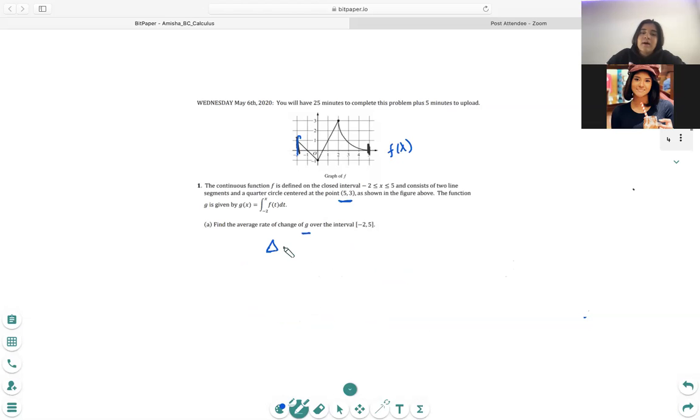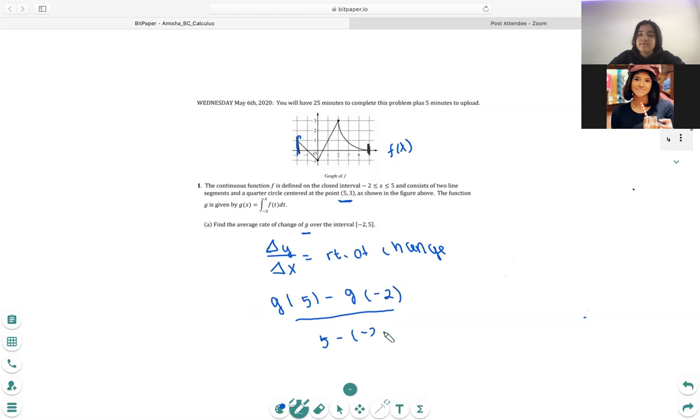So we can say delta y over delta x is equal to rate of change. So in our case here, we have to think about g of 5 minus g of -2 divided by 5 minus -2, right? So how do we find g of 5?